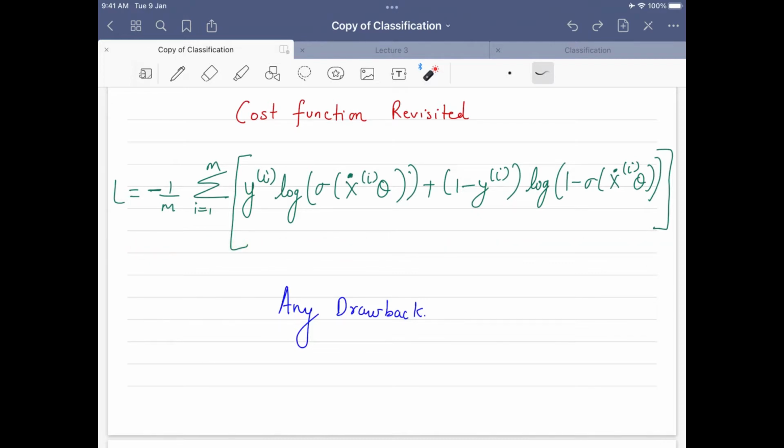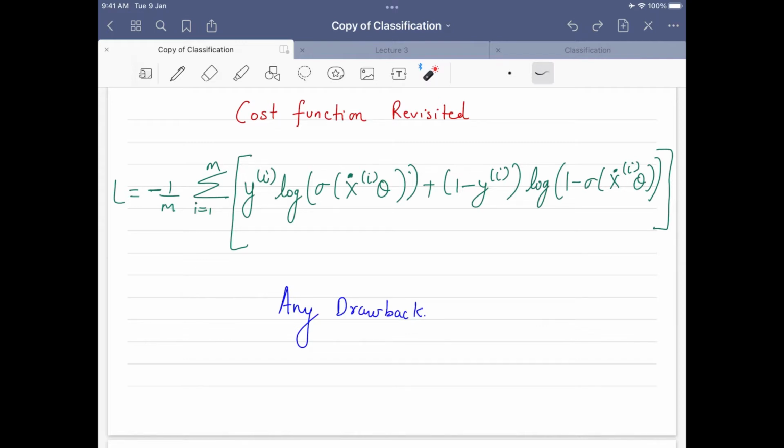So by now I think you will be aware of all the terms which are used in these expressions. Our next target is to see whether this cost function has any drawbacks or not. So we will check that now.